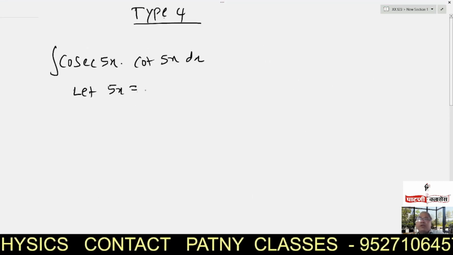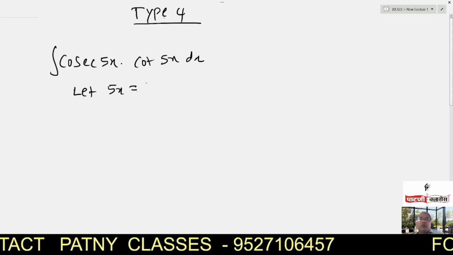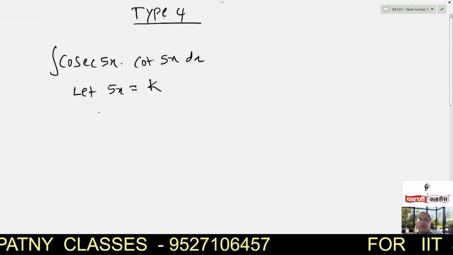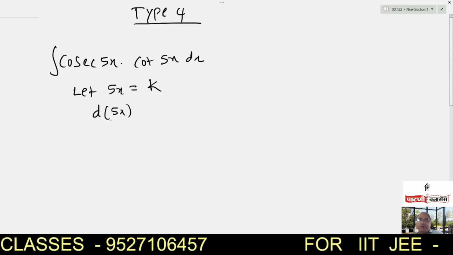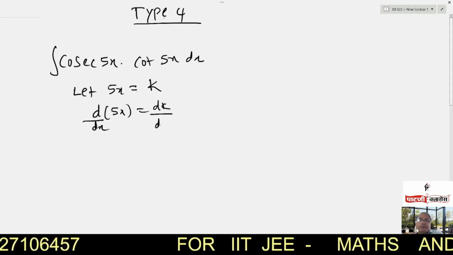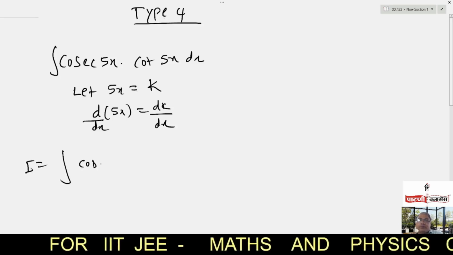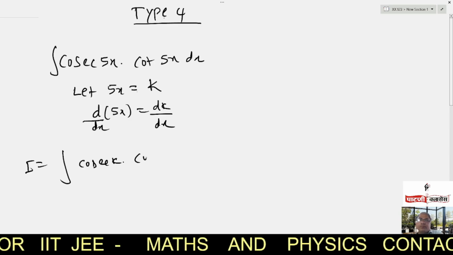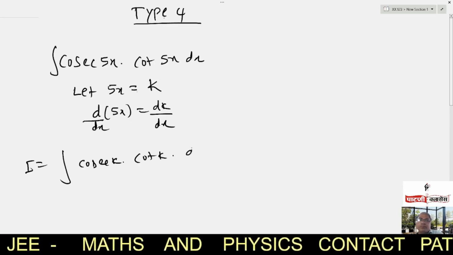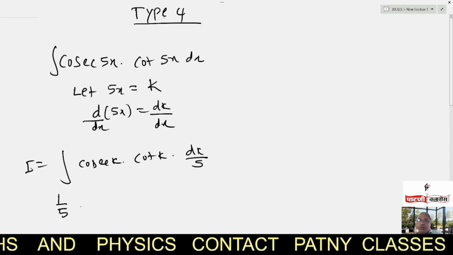Another example, integration of cosec 5x cot 5x with respect to x, 5x equals k. 1 upon 5 outside.